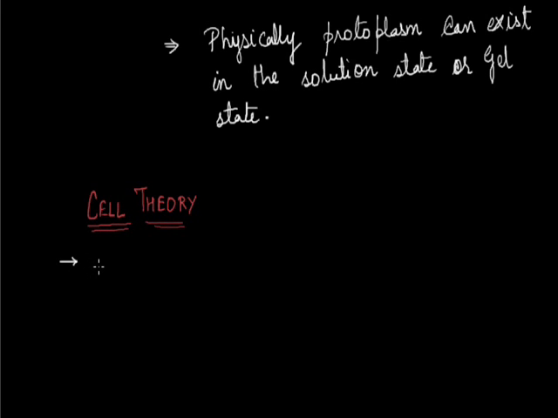Now coming to the cell theory, another landmark in the study of the cell. The cell theory basically tells us about the basic characteristic features of a cell, and this theory was proposed initially by two scientists, M.J. Schleiden and Theodor Schwann.